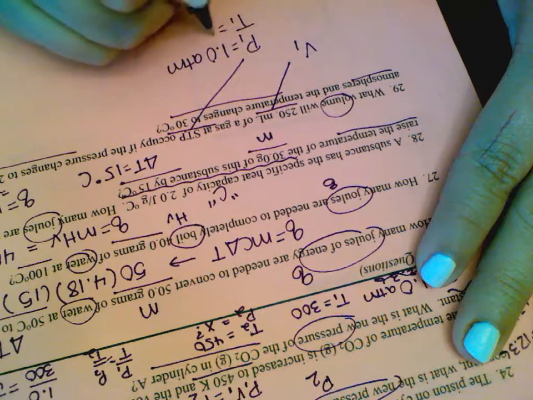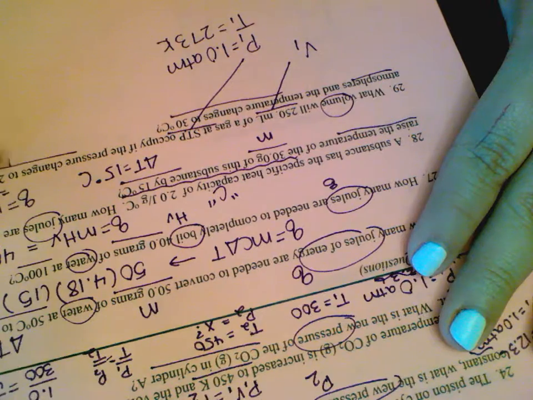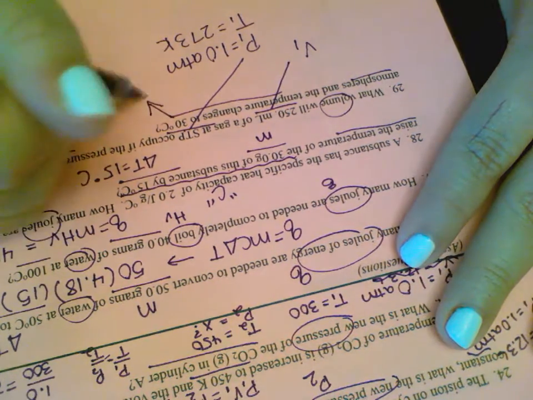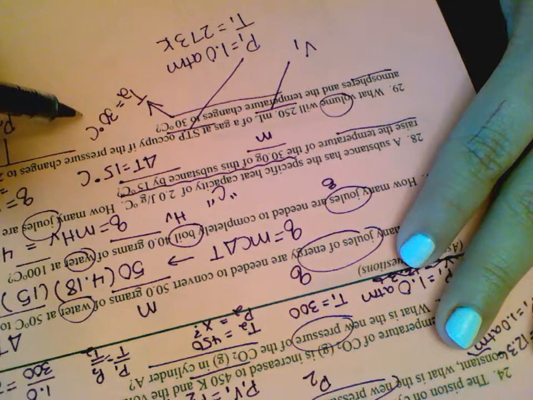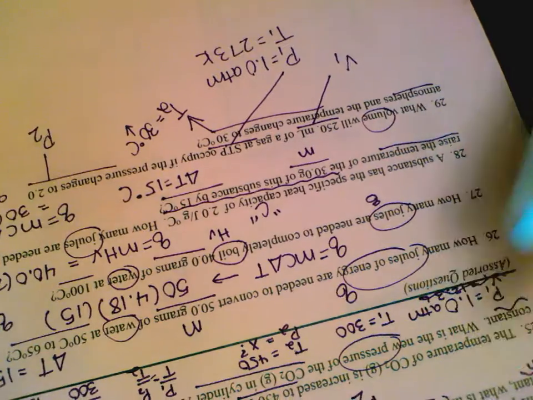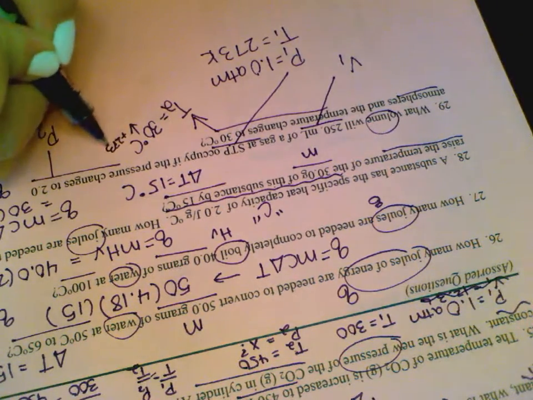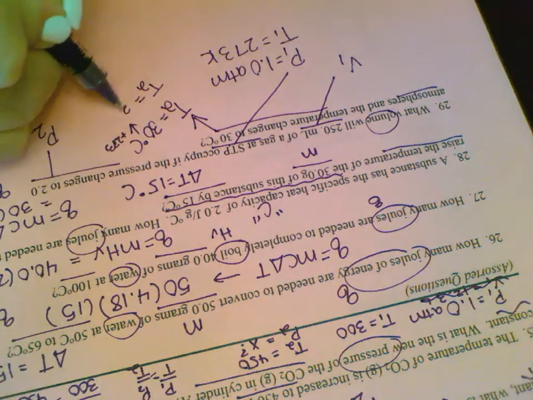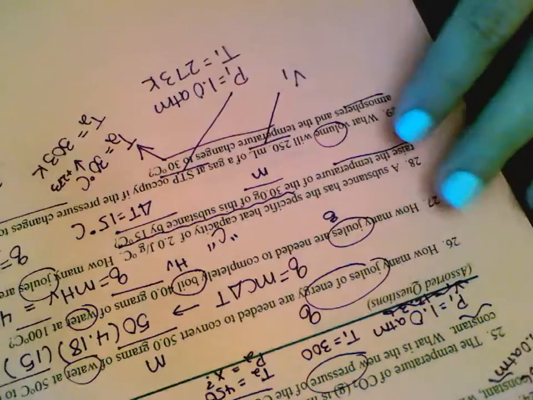T1 is 273 K. And they said the pressure's changing to 2, so there's a P2. Temperature changes to 30, there's a T2. But I can't leave it in degrees Celsius. I need to convert that 30 degrees Celsius. I'm going to add 273. So I'm going to get T2 is actually 303 K.